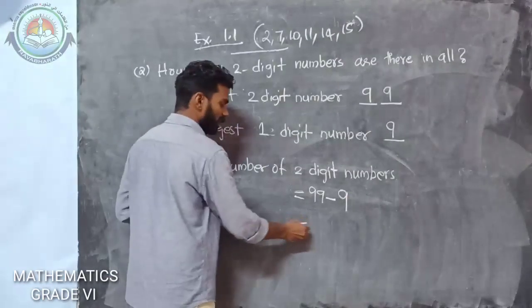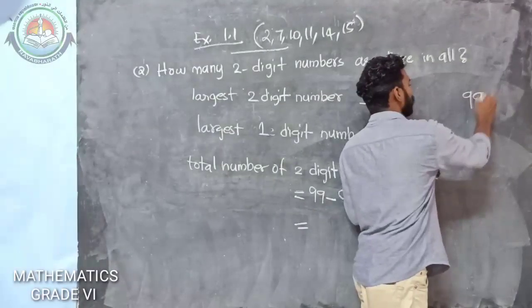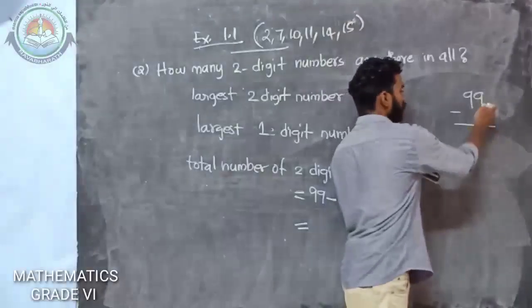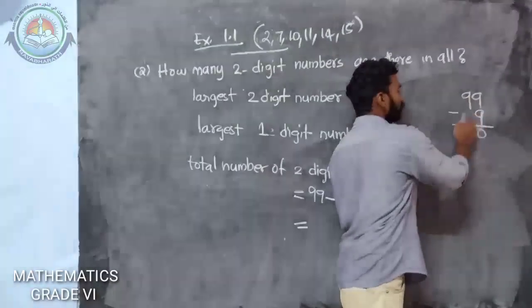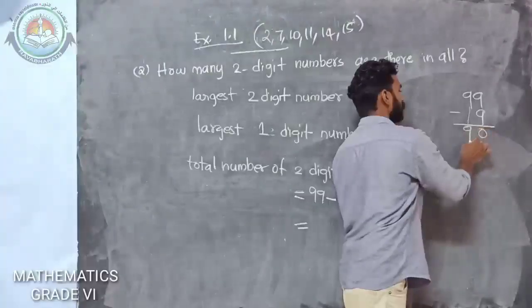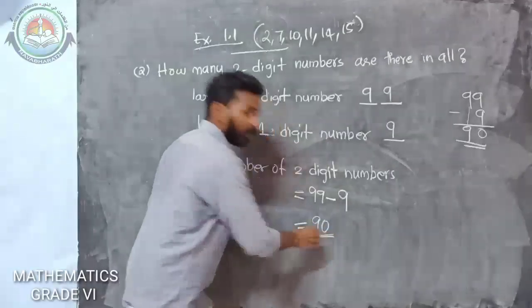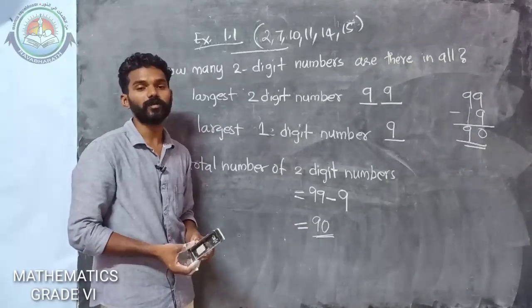So what would be the answer? You can subtract 9 from 99. 9 minus 9 would be 0, and there is no number to subtract, so 9 itself can be placed here, so that the answer would be 90. So how many two-digit numbers are there? There are 90 two-digit numbers.